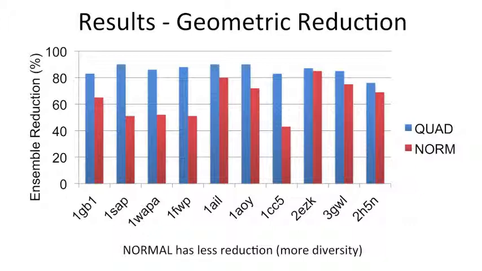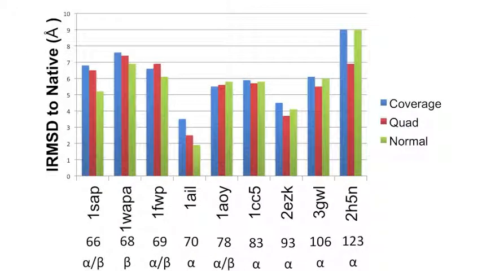Lower reduction rates indicate a more diverse ensemble. This chart shows that an energy bias based on the Gaussian distribution produces a more diverse ensemble compared to a grittier method known as quad. The softer energy bias maintains the ability to sample conformations close to the native state, as shown on this bar graph. We conclude that our enhanced sampling strategy improves the coverage of conformational space while maintaining the ability to sample the lowest energy conformations.